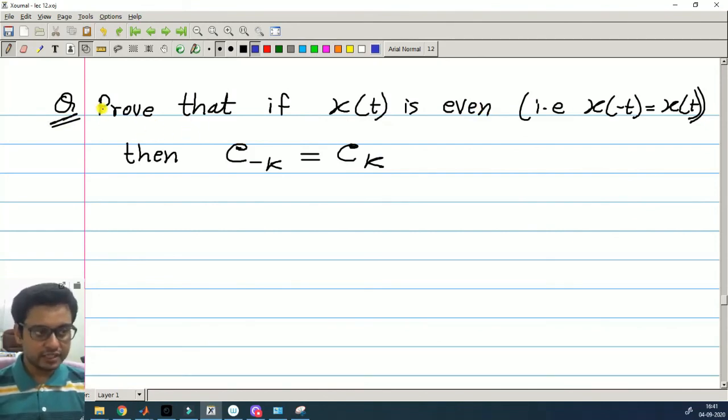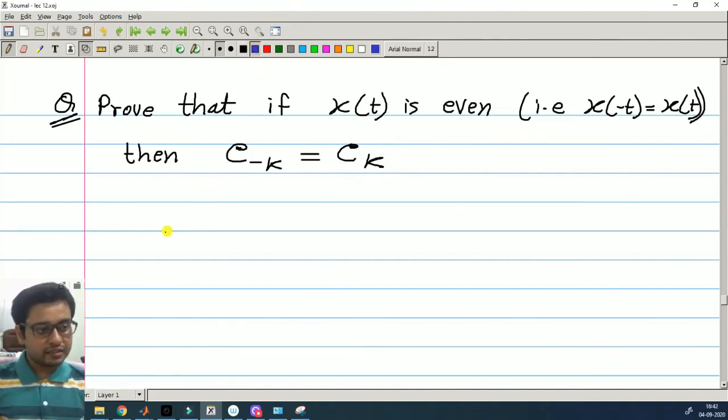Okay, so here is the first question. Prove that if x(t) is an even signal, that means x(-t) is equal to x(t), then C minus k will be equal to Ck. So that means these coefficients will also be an even function of the index k.